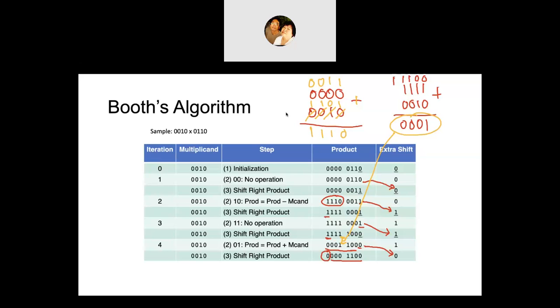Let's say we have the value 1101 times 0101. Can you use the Booth algorithm to come up with the result? Let's try.